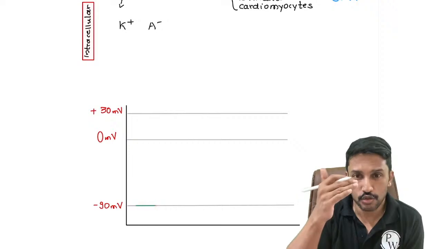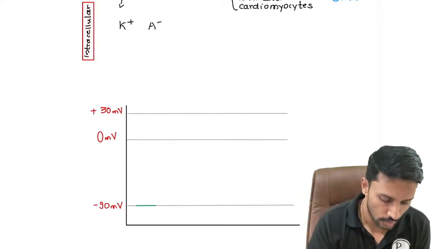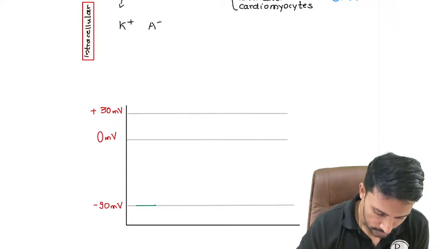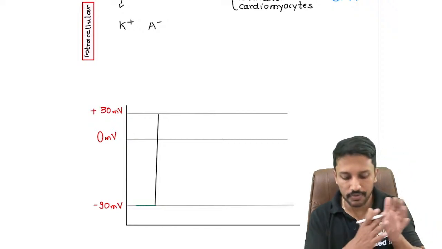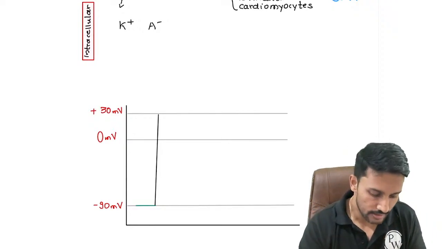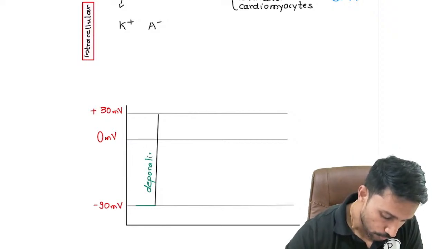Now, as the sodium starts coming in, the voltage of the membrane starts increasing. So now I will see a graph going upwards. My membrane potential goes on increasing. It goes up to positive 30 millivolts, right? So this is the exact phase where we say the ventricle is getting depolarized. This is because of the depolarization.